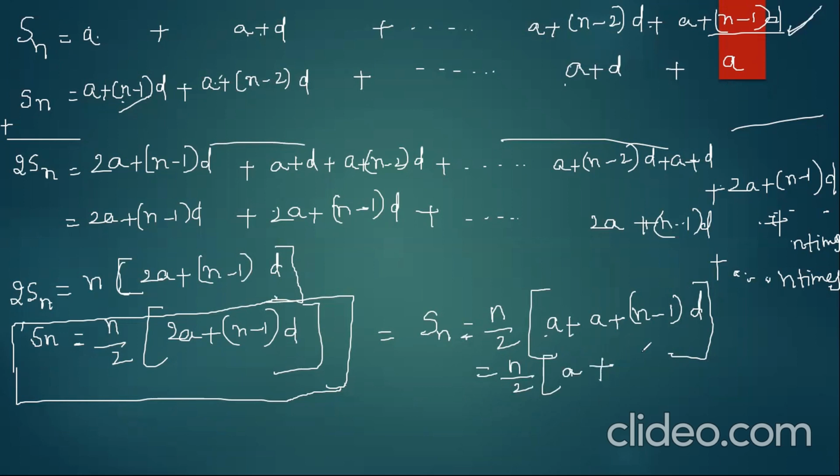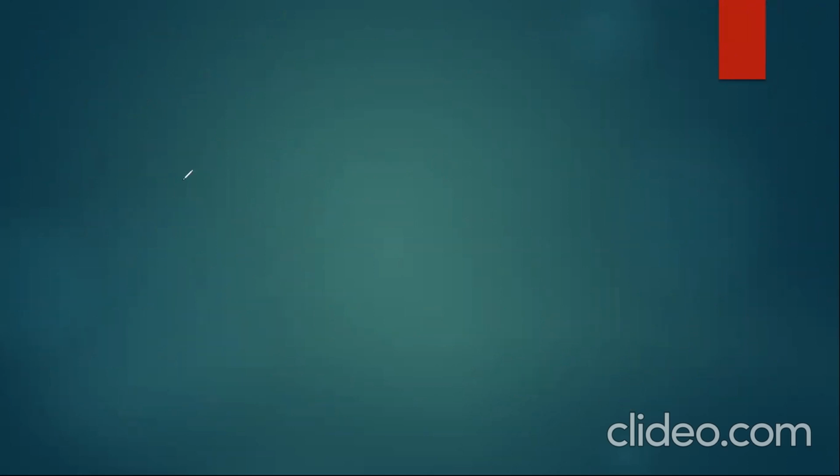So the last term can be represented as L. Sn is equal to n by 2 into a plus L. Or Sn is equal to n by 2 into 2a plus n minus 1 into d. So this is our sum to n terms of an arithmetic progression. Got it? Let us do one example related to this question.